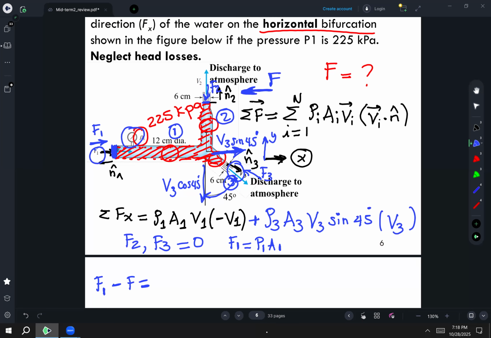That will be equal to minus density 1, area 1, velocity 1 squared, plus density 3, area 3, sine of 45 degrees, velocity 3 squared.